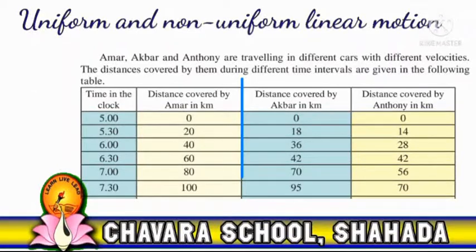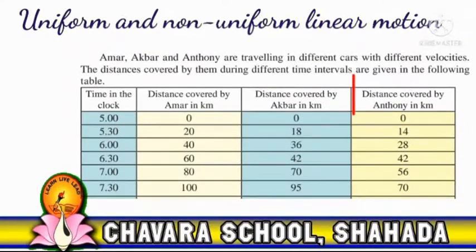While the distance covered by Akbar in kilometers is 0, 18, 36, 42, 70, 95 kilometers. While the distance covered by Anthony in kilometers is 0, 14, 28, 42, 56 and 70 kilometers.